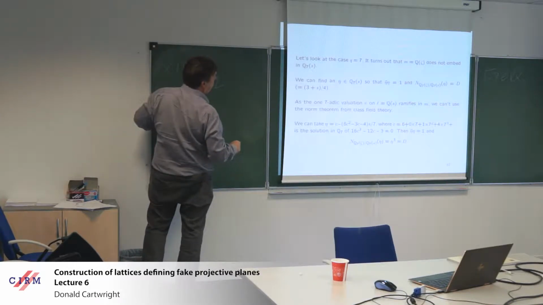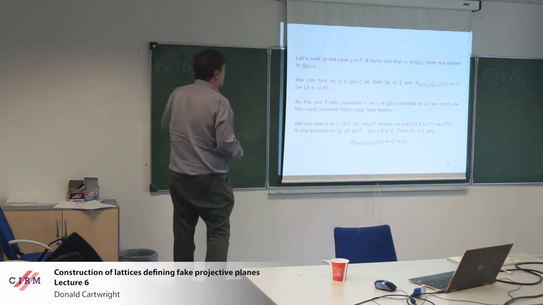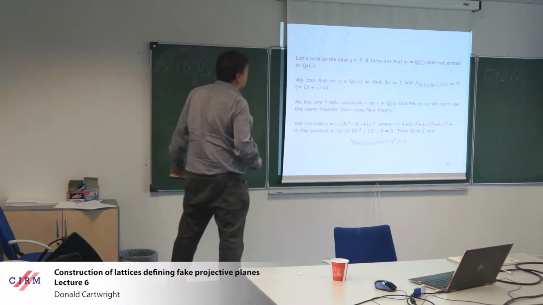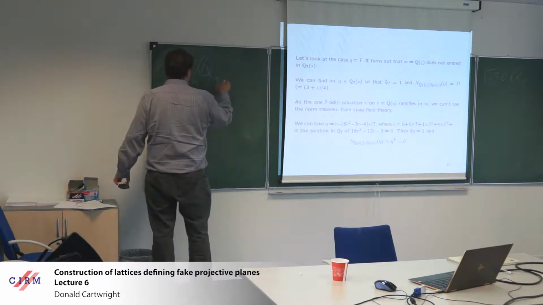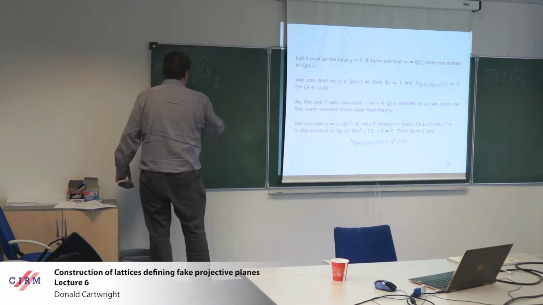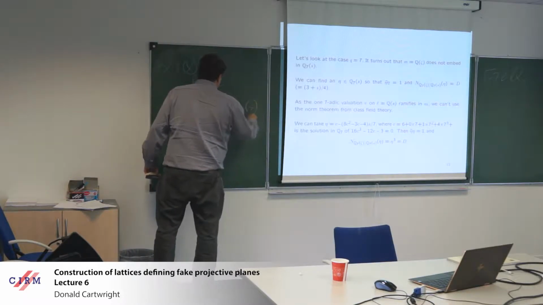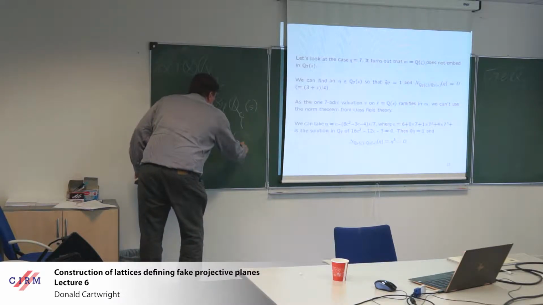This is part of the proof that, so let me get this right. So we're dealing with a Q that doesn't split, and this is isomorphic to the 3x3 matrices over.